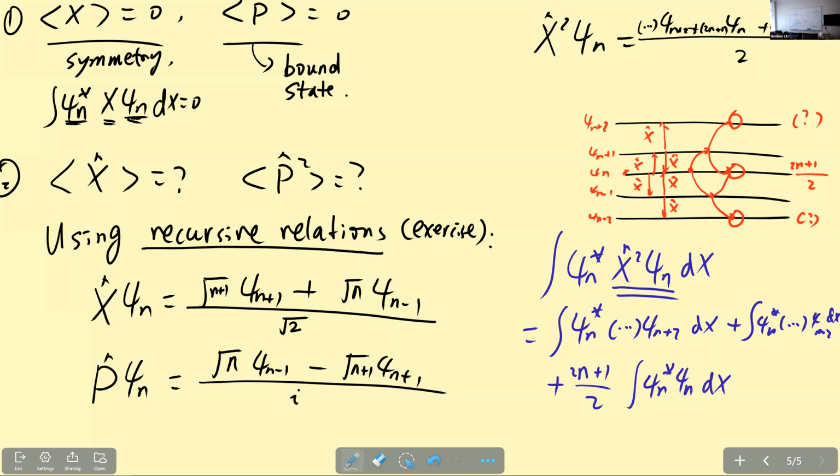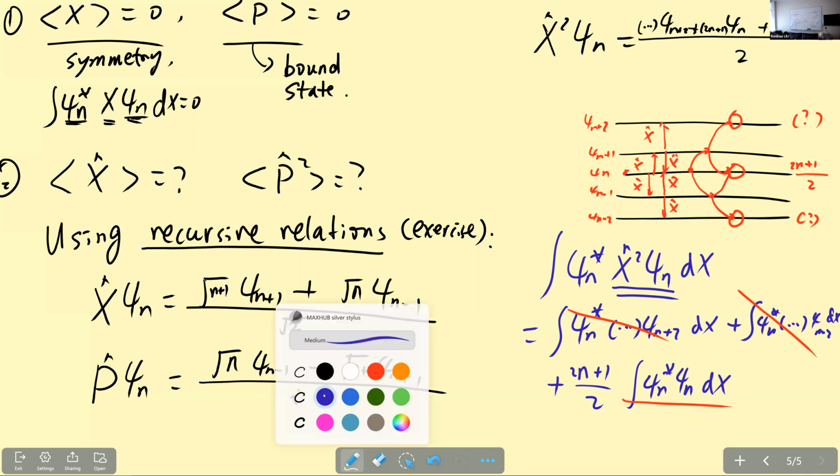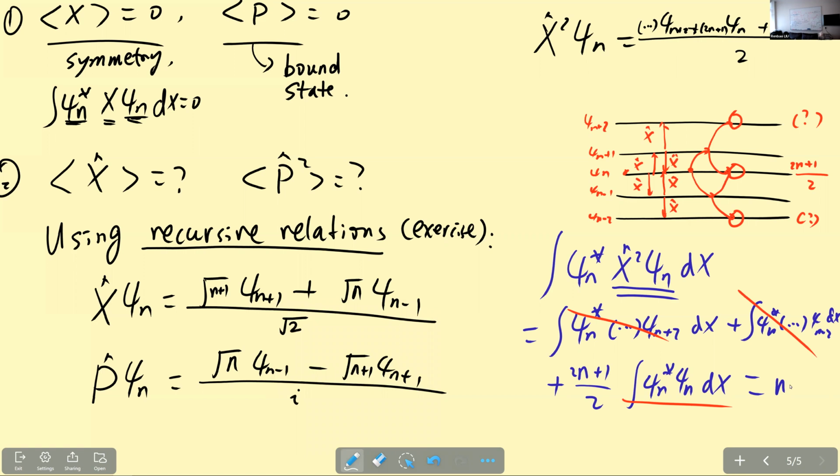Because of the orthonormal condition, this one must be 0, this one must be 0, and this one must be 1. So the result is simply m plus half.